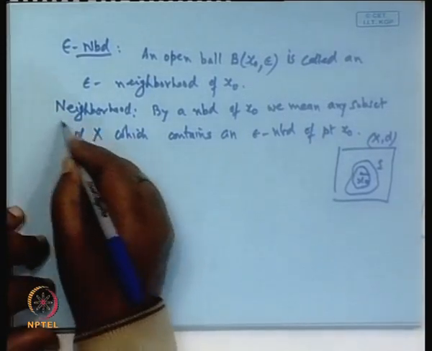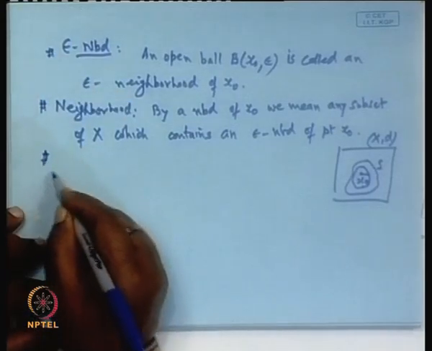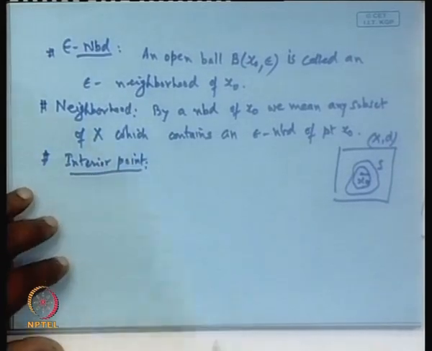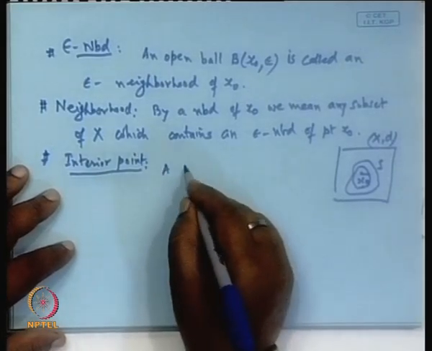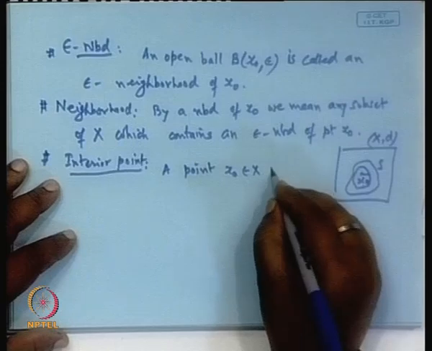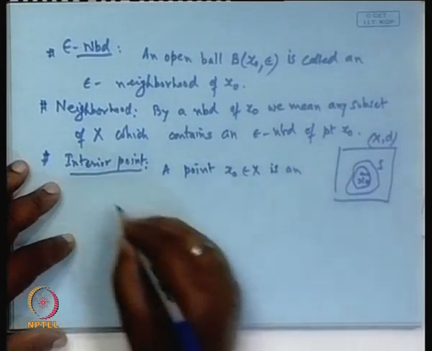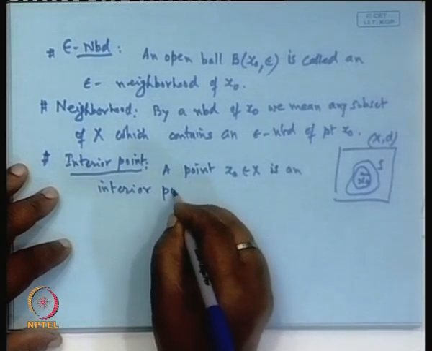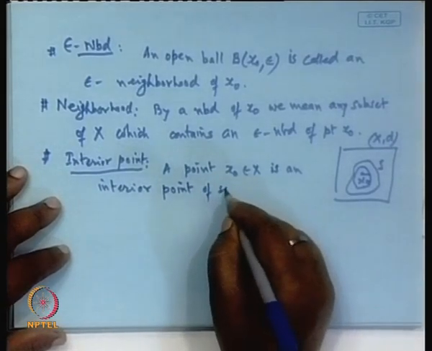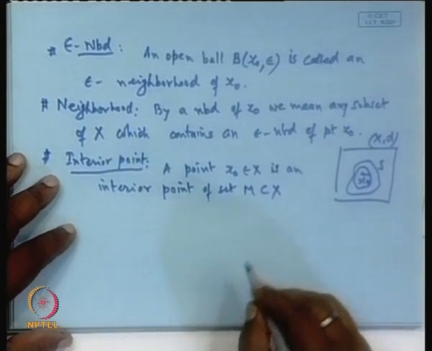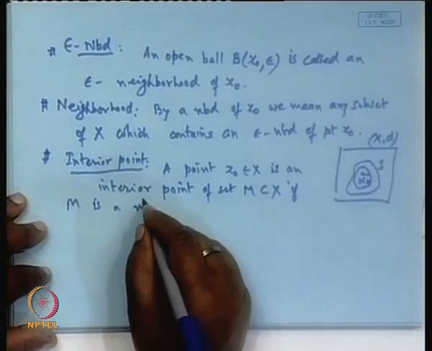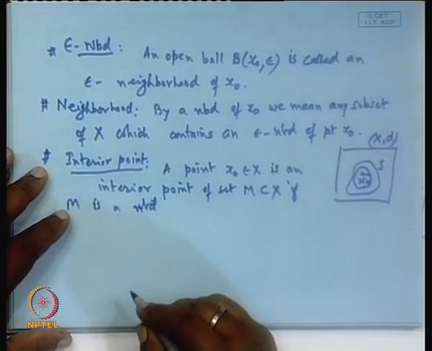The interior point we define as follows: a point x naught belonging to X is an interior point of the set M, which is a subset of X, if M is a neighborhood of x naught.